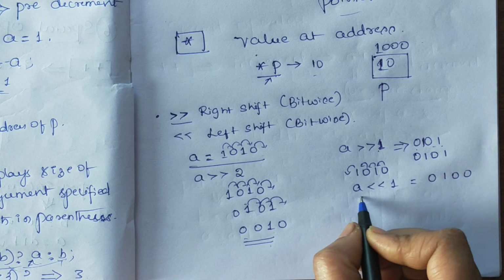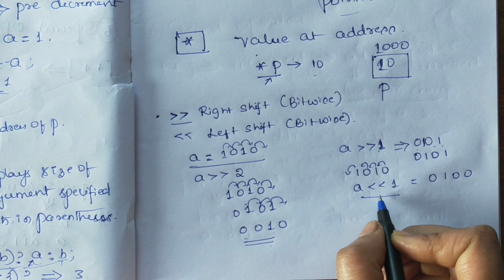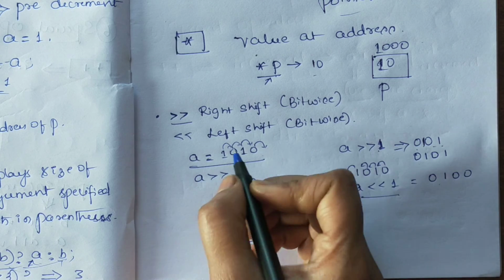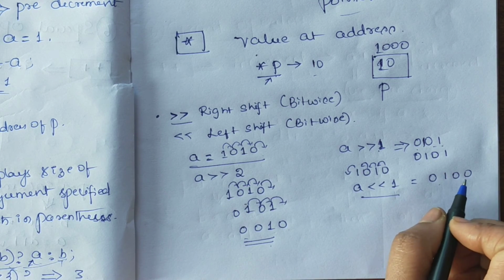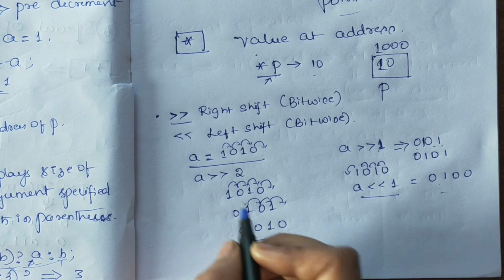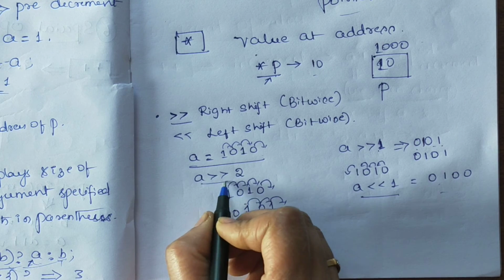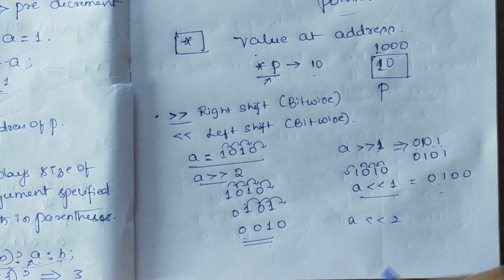Like the same, if I shift it 1 time towards the left side, this is the left shift, so the value becomes 0100. Okay, like the same, A right shift 2 times. Like the same we can try for A left shift 2 times.